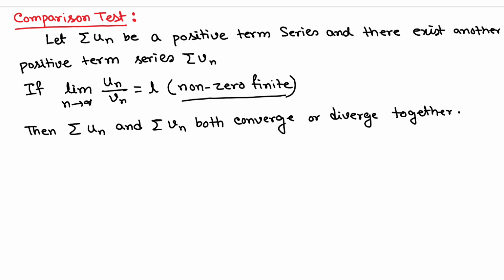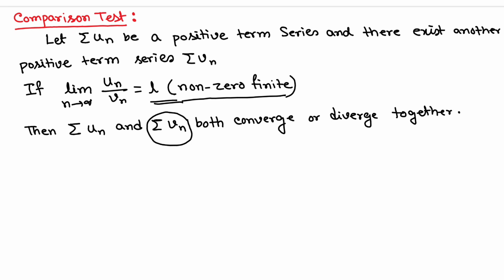That means if you are getting the limit as a non-zero finite number, then if vn is convergent, un will be convergent. If vn is divergent, un will be divergent. And summation vn will not be given in the question paper. You have to take a series vn depending on the series un. I will discuss how to take the series vn.